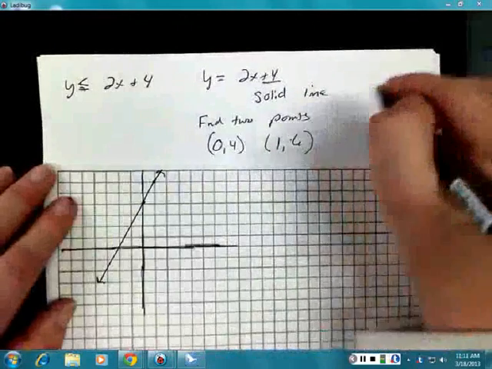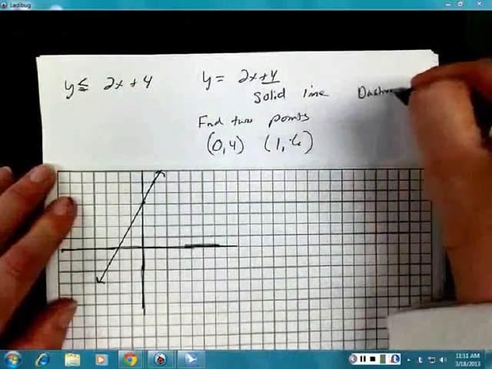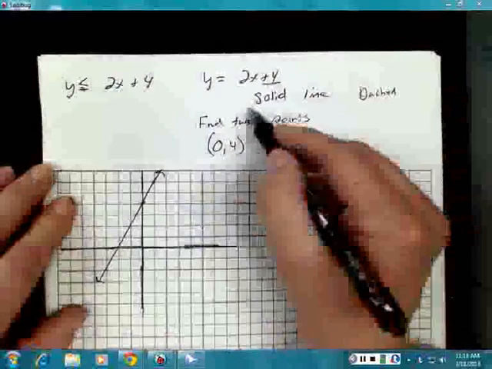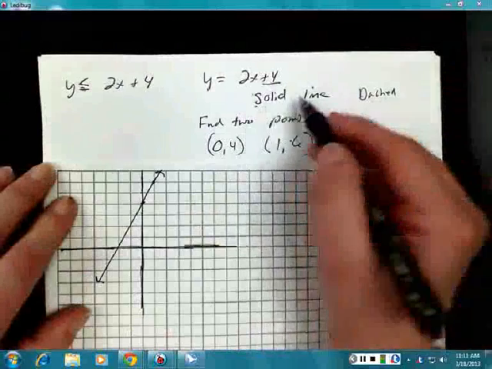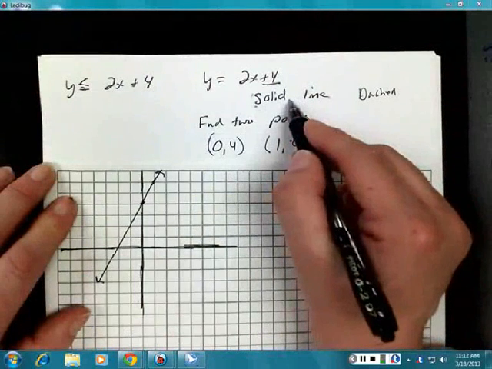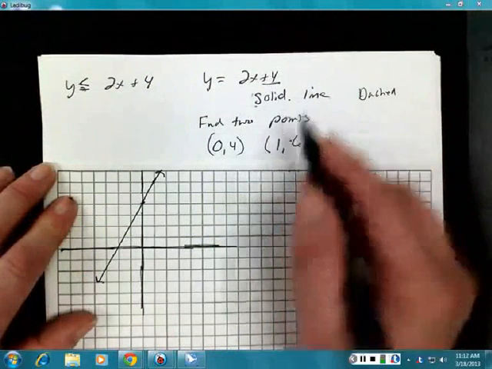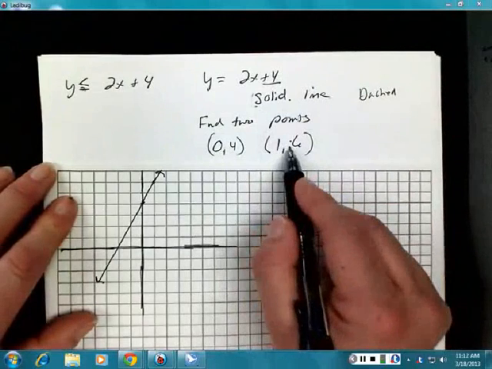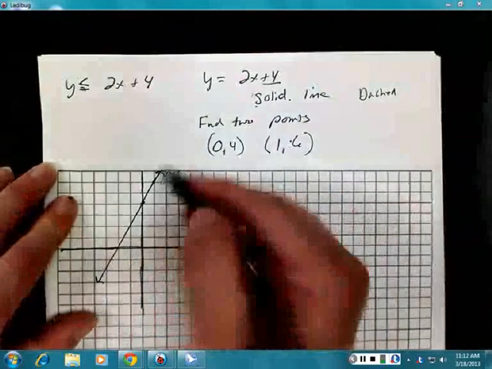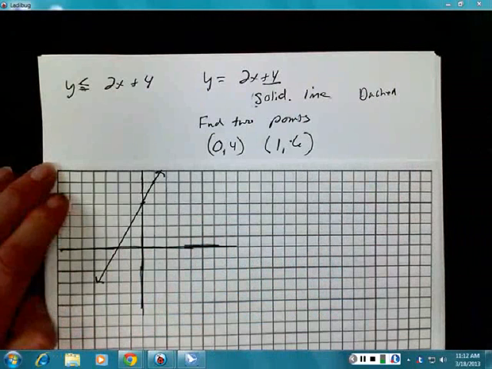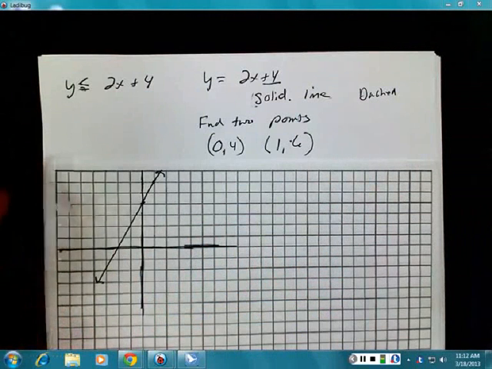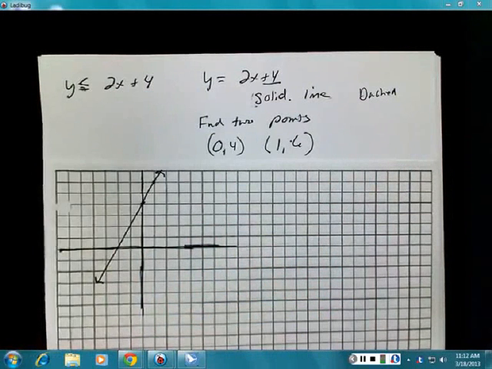It'll be a dotted line. And as soon as you click in Hawks, it'll say solid line or dashed. And it'll say which one you have in here. So if it's a solid line, you'll click on solid line and it'll put a box in there, and so it knows when you find your points that it's going to put a solid line in your equation. Okay? And it'll automatically do that part.